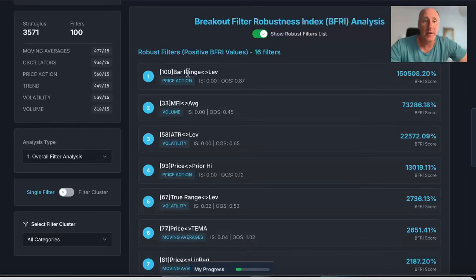Like you see the average true range. If the average true range was too big or too small, that means that a movement is about to happen. So if you measure just the volatility, it's a volatility or price action indicator, it can be both. I would probably classify this one as definitely volatility. This one could be volatility or price action or both.